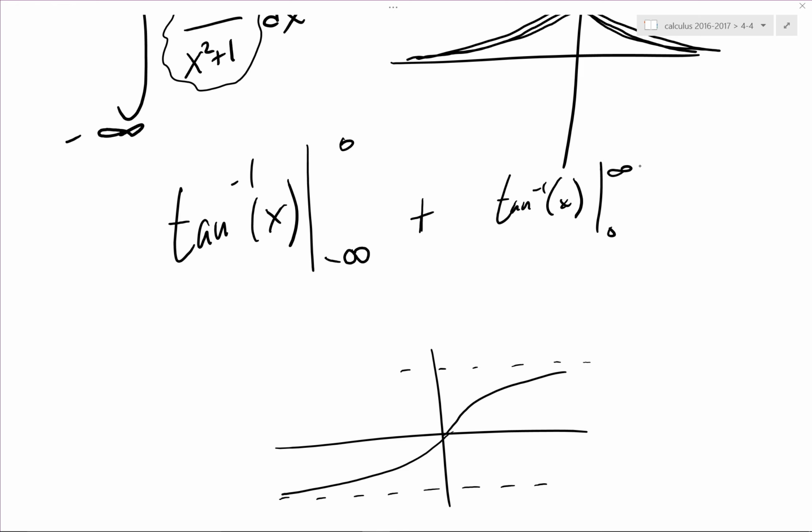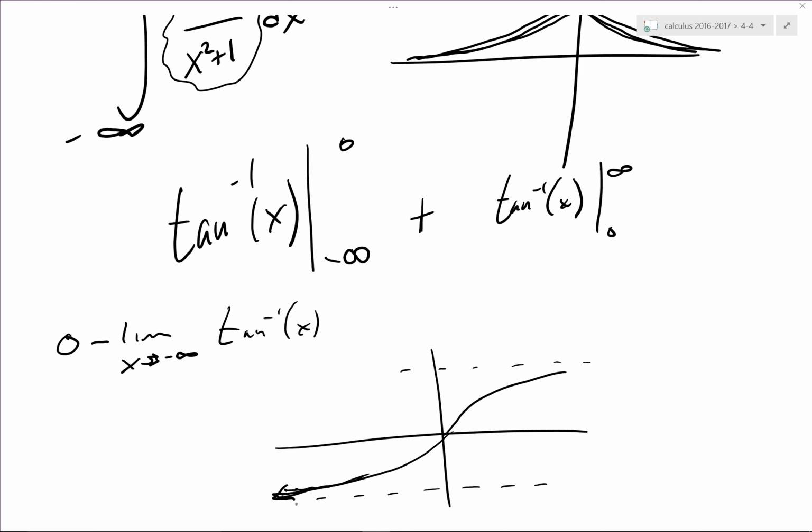So what happens at 0, friends? It's 0. Minus the limit as x approaches negative infinity. Now what happens to arctangent as you approach negative infinity? If you trace along here, you will see that it's about equal to what? 1.57.